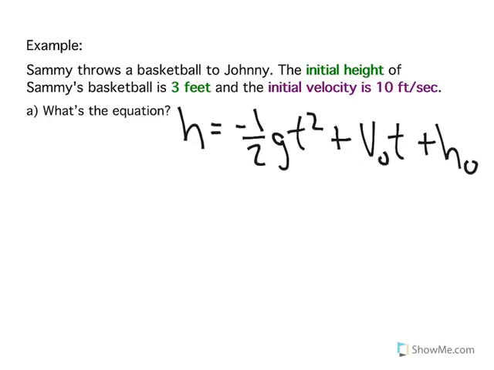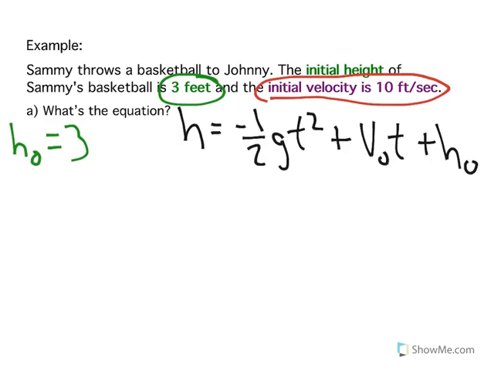When it tells us the initial height is 3 feet, that is h sub 0 is 3. The initial velocity is 10 feet per second, so v sub 0 is 10.